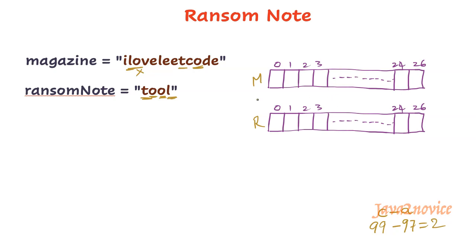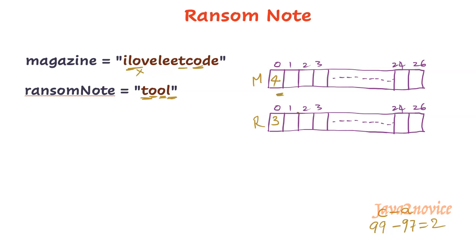Once it is done, as a second step, we will compare character counts from both arrays index by index. Let's say that the magazine string has character A count as 4 and the ransomNote string requires 3 A characters. In this case, we have enough A characters in the magazine, so we can move to the next index.